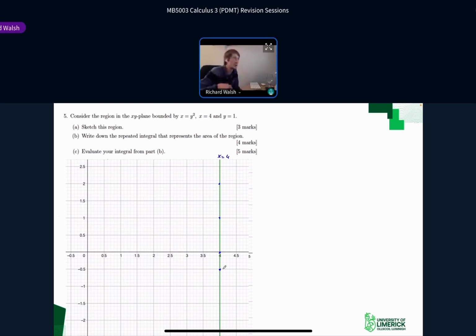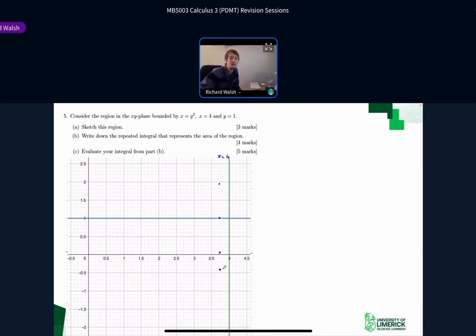That's why it's just a vertical line, because the x value of the coordinate is always 4 at x equals 4. Likewise, y equals 1 would be a horizontal line at y equals 1. Because if I picked any point along that, (0, 1), (1, 1), (2, 1), (3, 1), (4, 1), y is always 1. So there are two: x equals 4 and y equals 1.